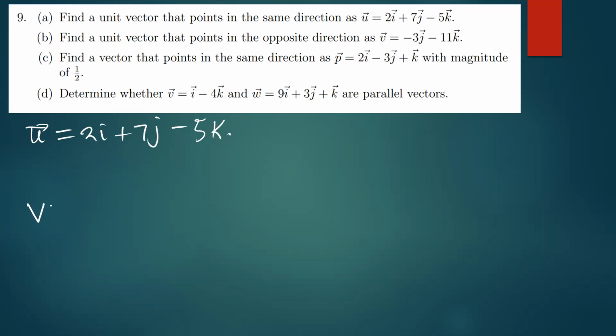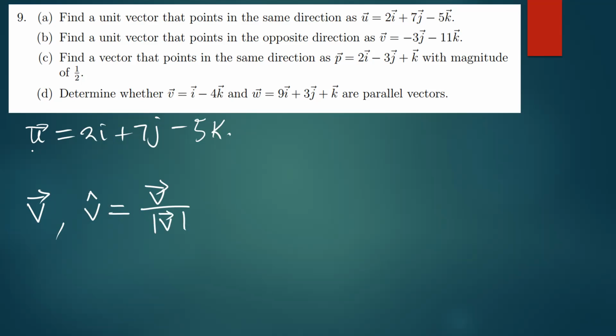If you have a vector v, the unit vector in the direction of v is denoted by v cap, and this is equal to the vector v divided by its magnitude, meaning you're dividing by the magnitude of v.